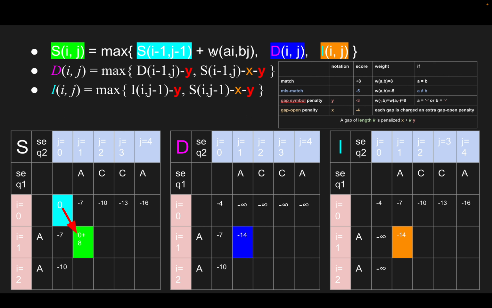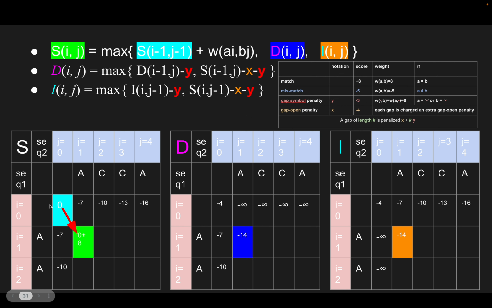So what is W, AI, and BJ? AI is A. BJ is also A. So W(A, A) is a match if A equals B. So in this case, it is matched, right? A equals A, so it is plus 8.